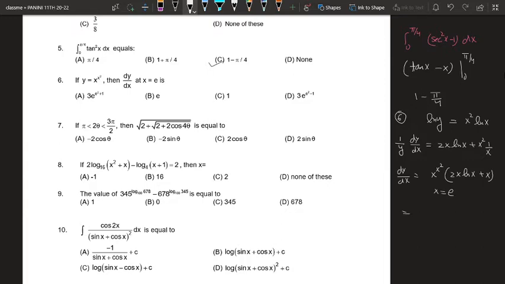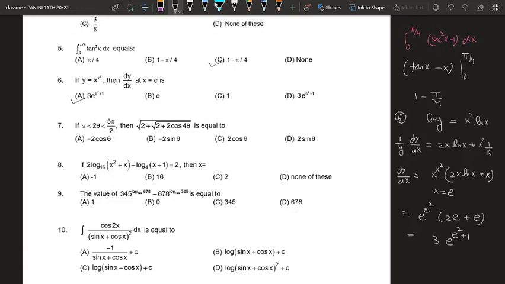Now x is equal to e, so e raised to power e square multiplied by (2e ln e plus e), ln e is 1, 2e plus e, that is 3e. So answer is 3 e raised to power (e square plus 1). So if there is no calculation mistake, then answer would be A.